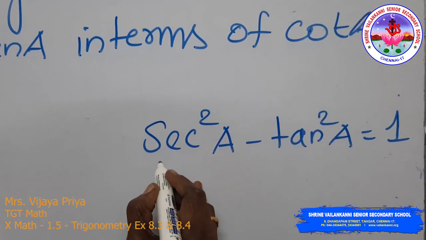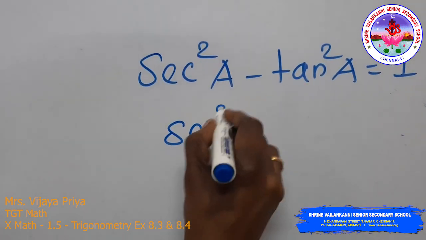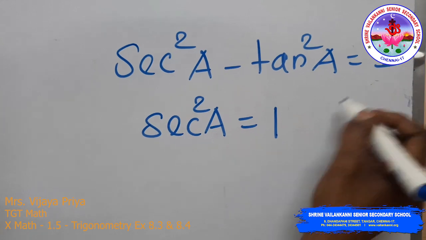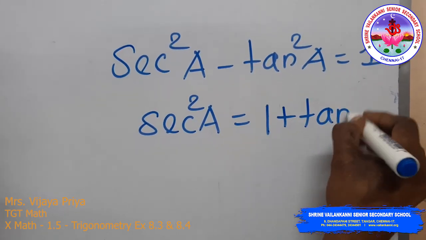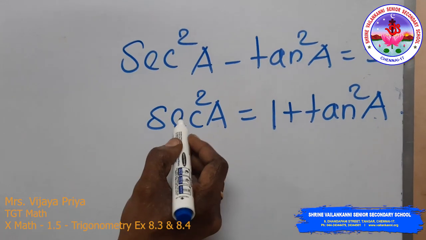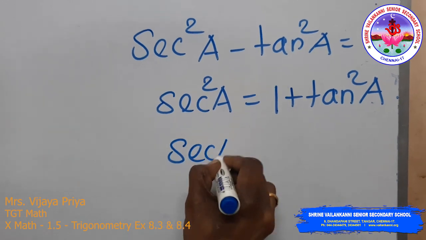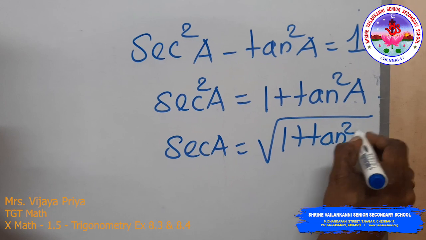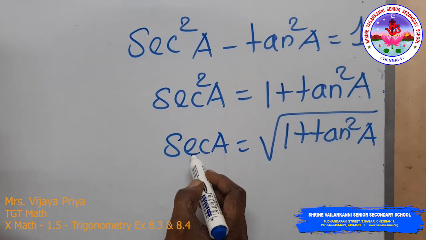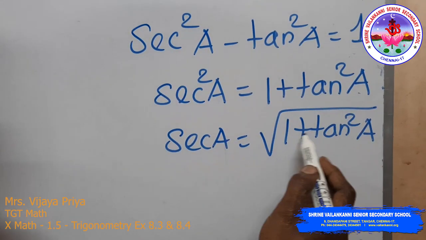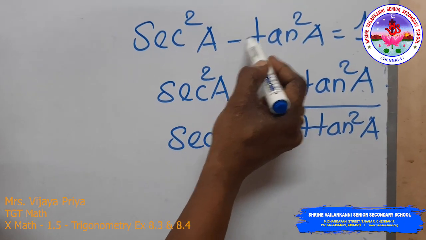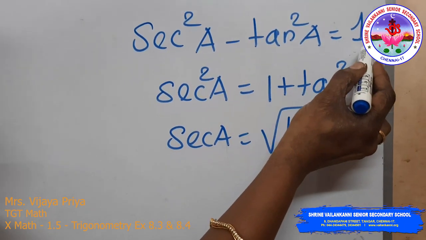So secant squared A is equal to 1, and tan squared A goes to that side, so it becomes plus tan squared A. So I got my secant A as square root of 1 plus tan squared A through my identity secant squared A minus tan squared A is equal to 1.